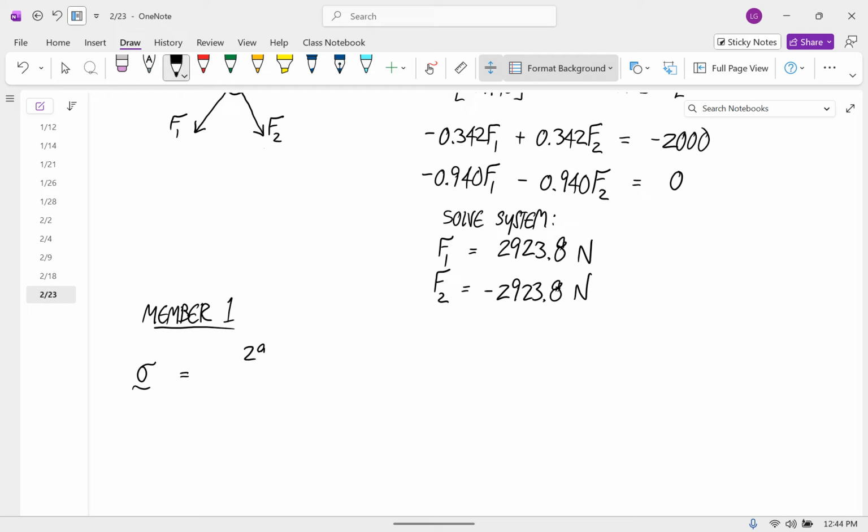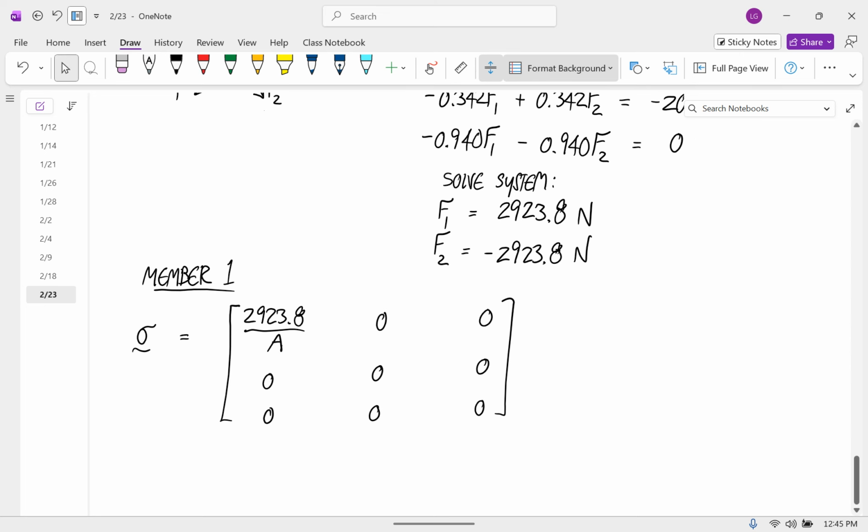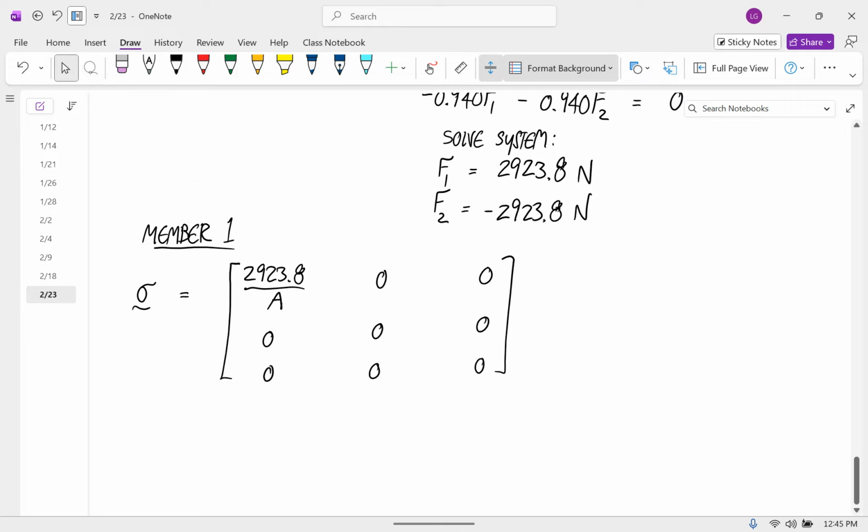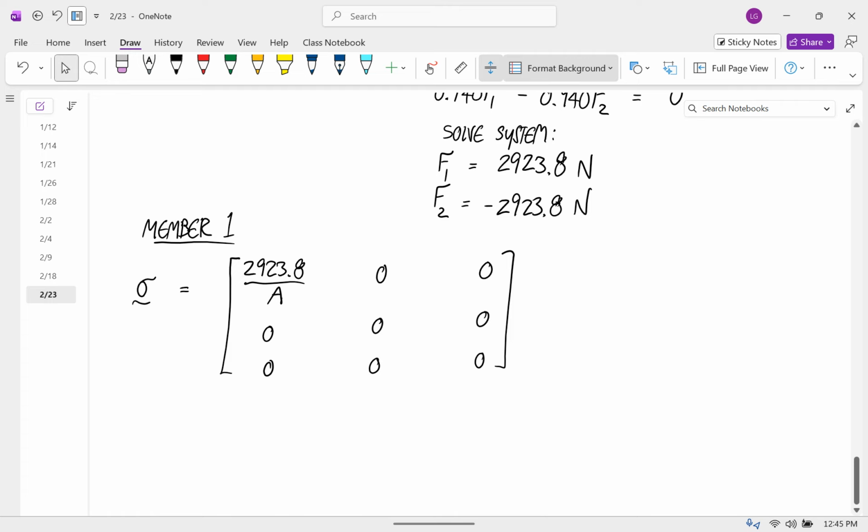So this is 2923.8 divided by a cross-sectional area A, and then zeros everywhere else in the stress tensor. And that is a principal stress tensor.